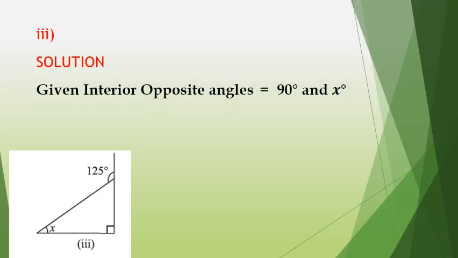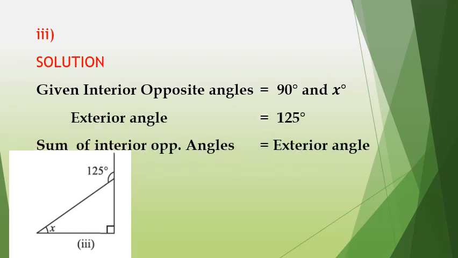Next, question number 3. Given interior opposite angles are angle x and 90 degree. Exterior angle equal to 125 degree. Sum of interior opposite angles equal to exterior angle, that is 90 plus x equal to 125 degree, or x equal to 125 minus 90, that is equal to 35 degree.